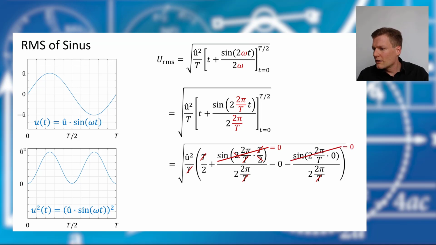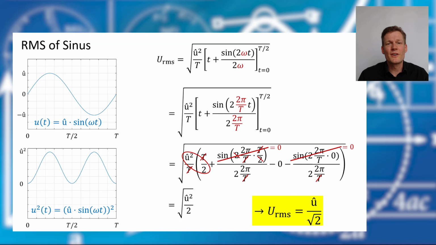And okay, there's nearly nothing left, only this amplitude square divided by 2. And that is cool because we found the RMS value for a sinusoidal function. It's just the amplitude divided by the square root of 2.